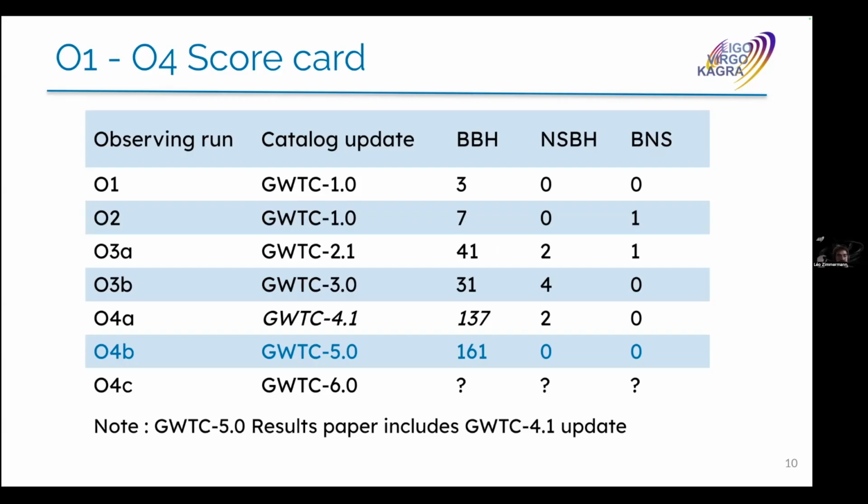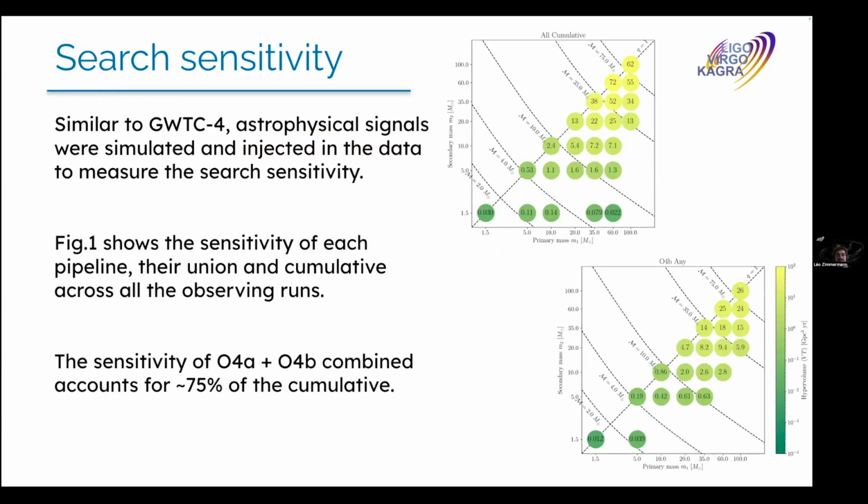And if we go to the next slide, we will see the search sensitivity of the different pipelines. Roughly this plot means that if you observe in a hypervolume, so Gpc³ per year, you would expect with the pipelines to see, for example, if we take the plot at the top, 62 BBHs of roughly 100 solar masses, if we take into account all the different runs.